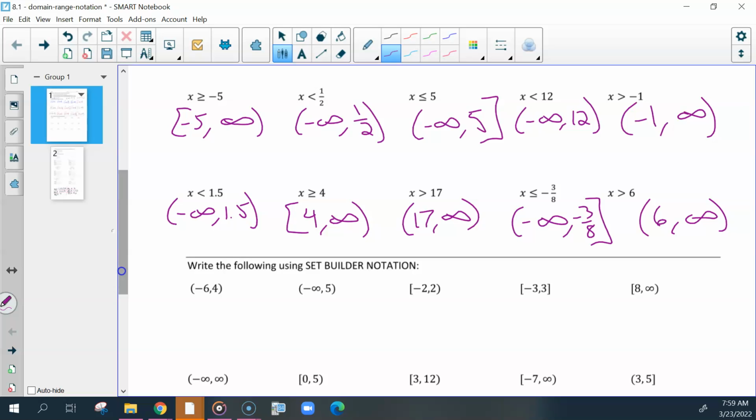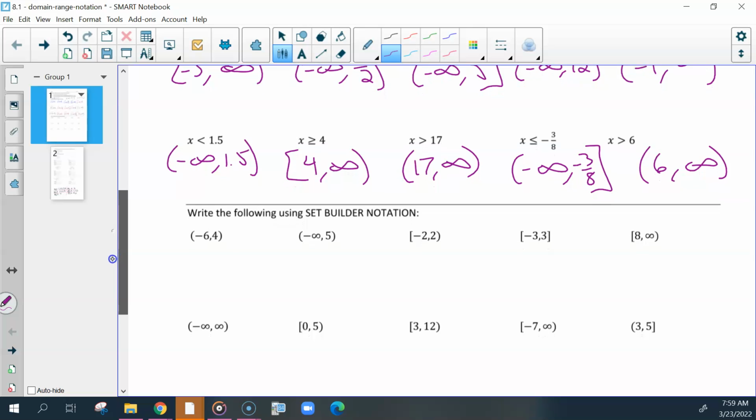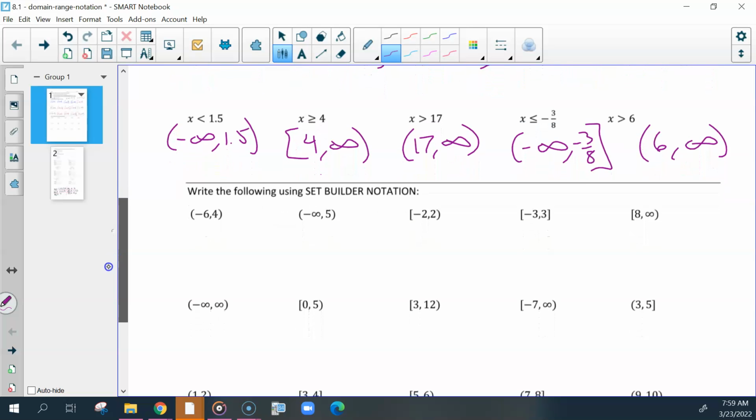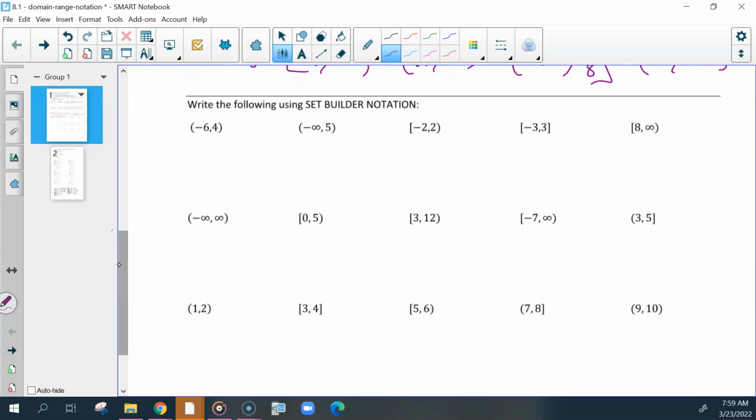Now we're going to do the opposite. We're given interval notation, and we have to write it as set builder notation. If it's something to infinity or negative infinity to something, it'll be is greater than, is less than, greater than or equal to, less than or equal to.